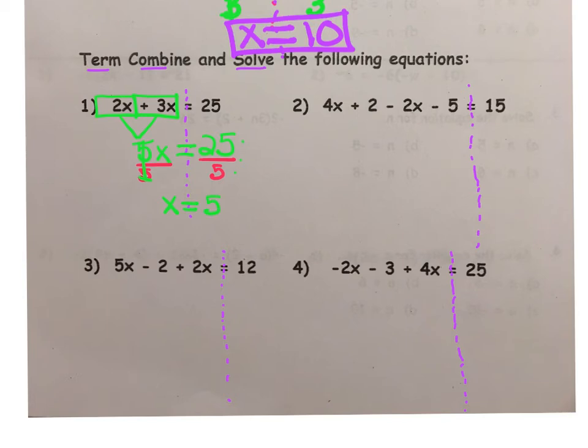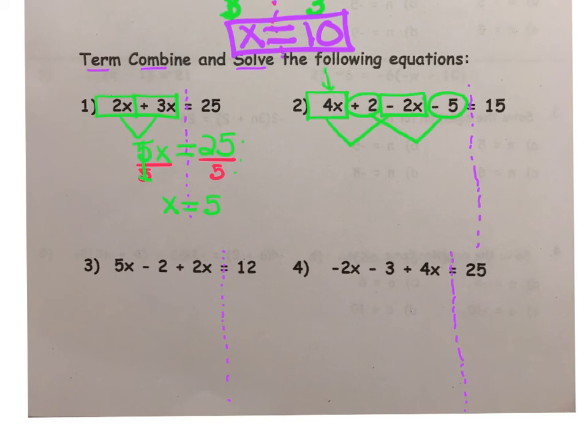Let's take a look at the next one. We're going to box in the x terms, making sure to grab the sign, and circle the constants, making sure to grab the plus and the minus. X terms can only be combined with x terms, and constants can only be combined with other constants.